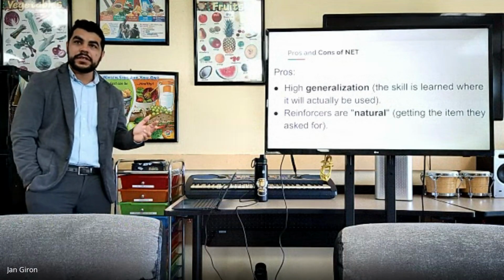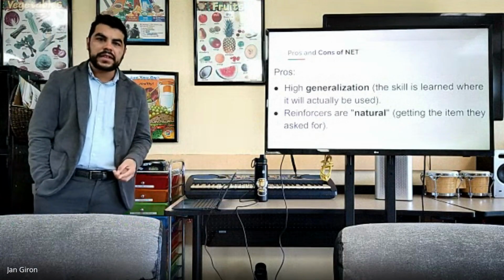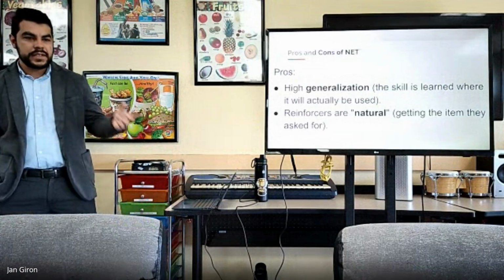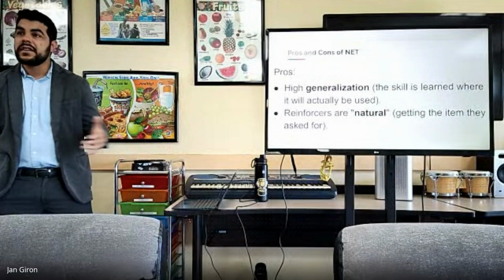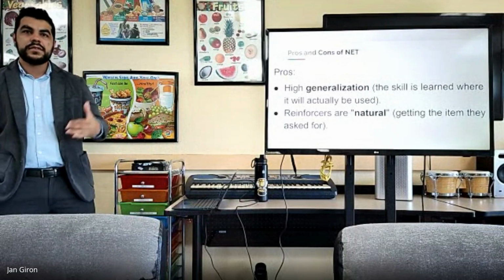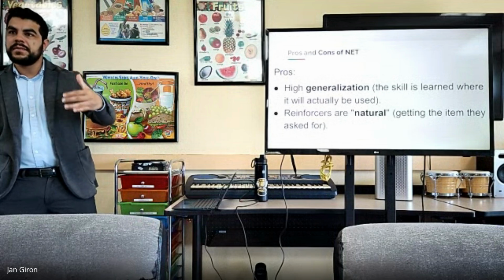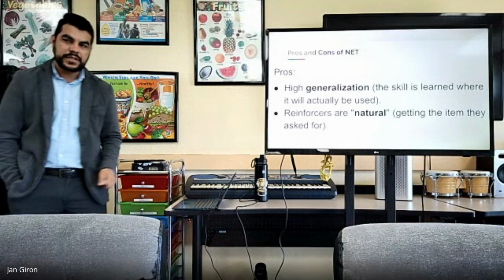It's probably the best tool to use for generalization. If we work on having a client make a request to go outside or to any request for a specific reinforcer, chances are they're going to want it outside of the program or in the community. So just putting those things in place allows the client to be able to use it in different contexts, which is exactly what we want.